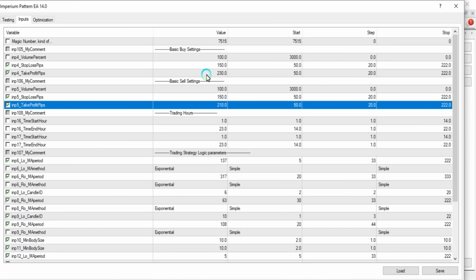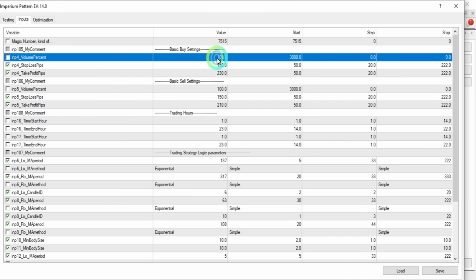Now, as you see, I opened the inputs, and the first thing is the volume percent, which is now sitting at 100 volume. Now I have to tell you that the number here means the following: 100 means 1% risk per trade, 200 means 2% risk per trade, and 50 would mean 0.5% risk per trade, and so on.